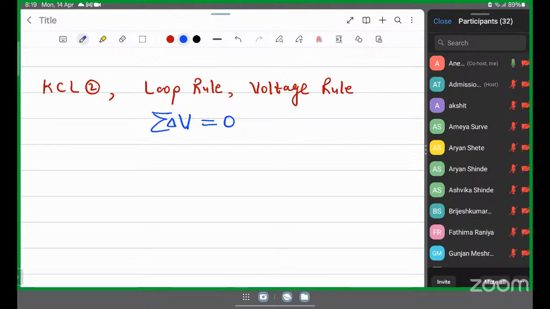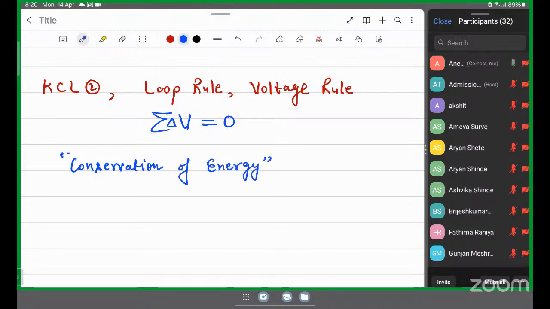So sometimes question is also in this form, on what basic principle loop rule is based. So the answer will be law of conservation of energy.